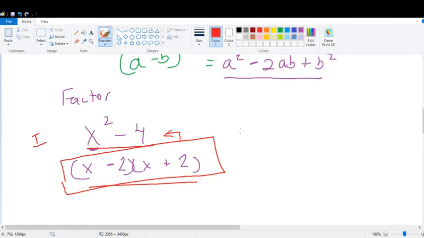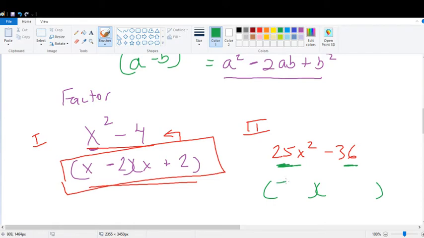So that's one example. Another example could be something like this. Let's say I had 25x squared minus 36. All right, notice how this is perfect, that's perfect.